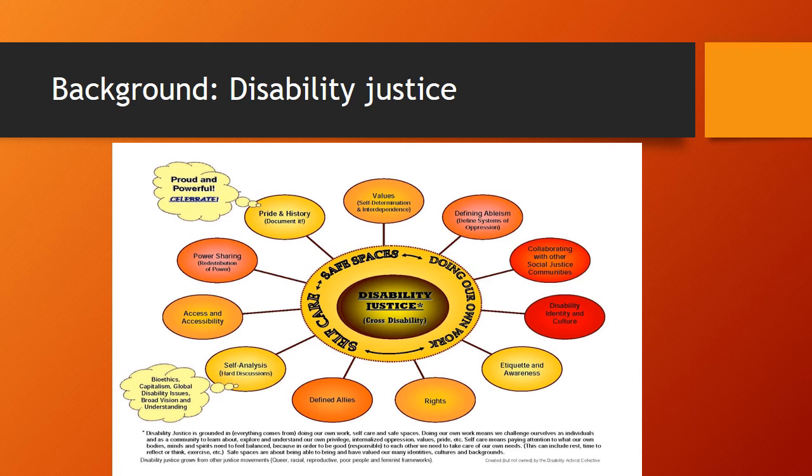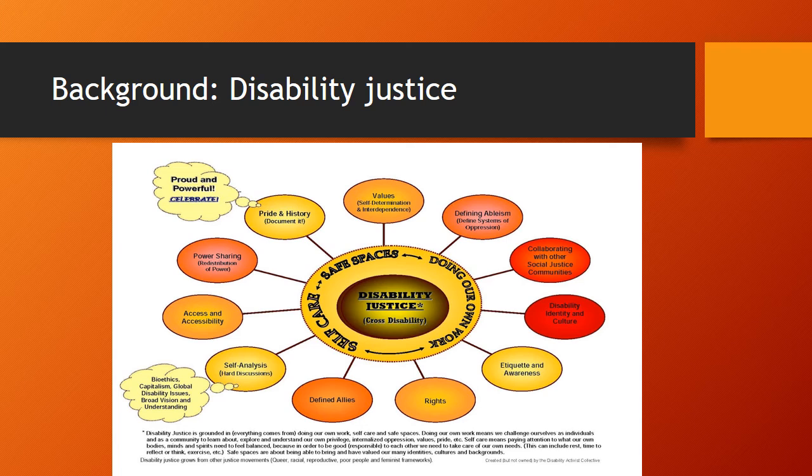Creating values, the self-determination, the interdependence, the collaboration with other communities, disability identity and culture, defining your allies and defining ableism, and figuring out rights and etiquette and awareness, and having really hard self-analysis around things that are related to disability but aren't disability issues in some really basic way.